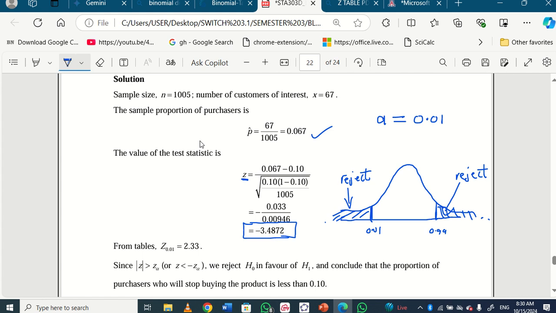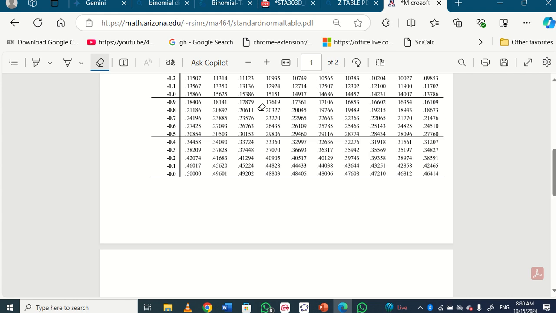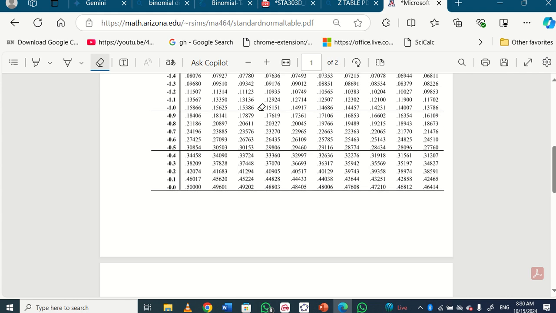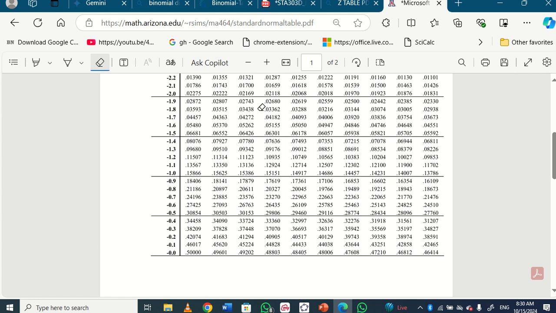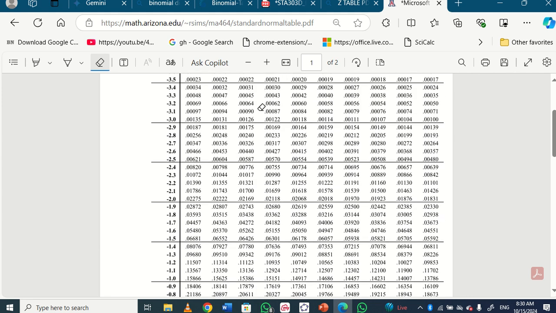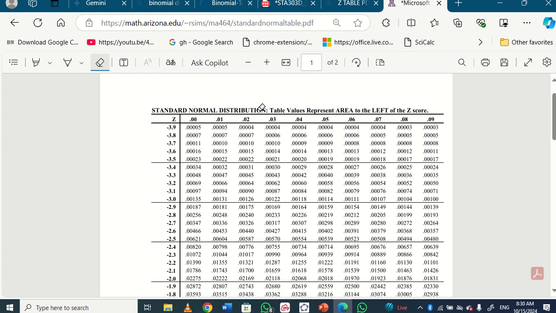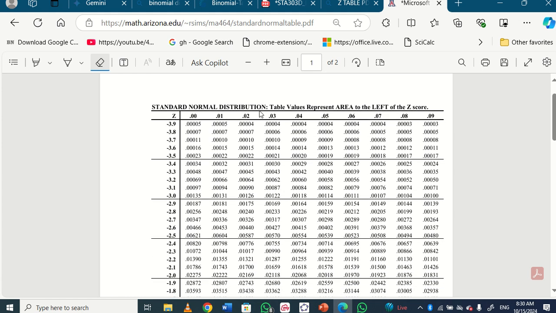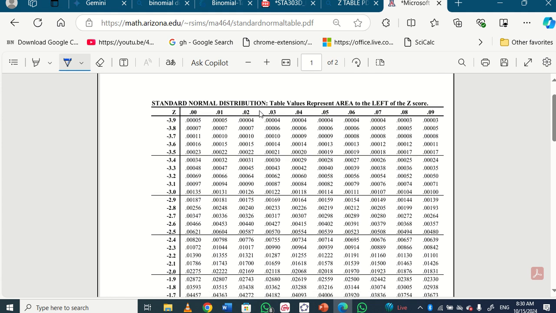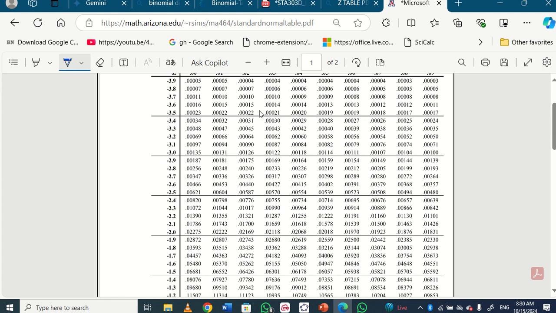So let us go and read this from the Z table. So this is my Z table. We are looking for an alpha value of 0.99.